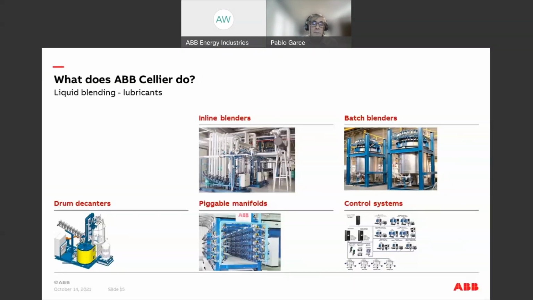In general, for people that are not familiar with what ABB Cellier does, well, yes, of course, we do drum decanters, and that's one of the key factors in debottlenecking a plant. We also do batch blenders, inline blenders, and piggable manifolds. The next session on technology and the rate of return is going to be around the idea that the best way to manage waste is not to produce waste.